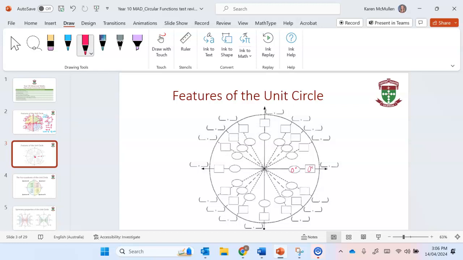Now, as we go around our unit circle, we're going to do our reference angles, 30, 45, and 60. So there are our three main ones, just going to be repeated, and then we've got 90 here. I might just leave these three in the middle of the second quadrant for a sec.